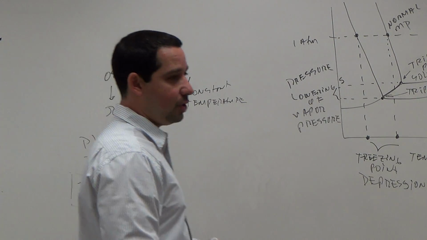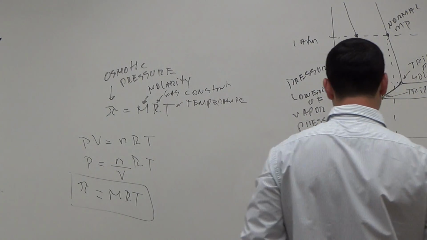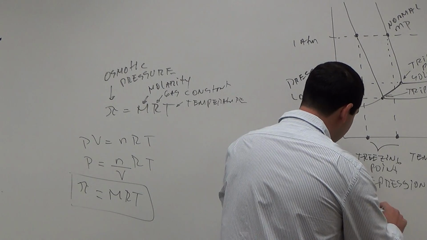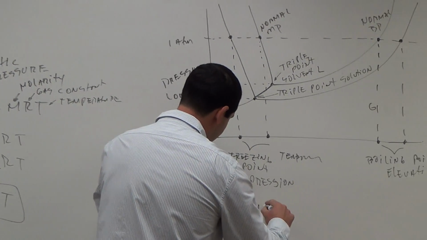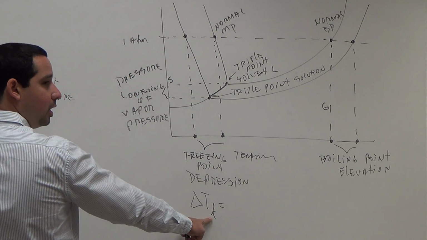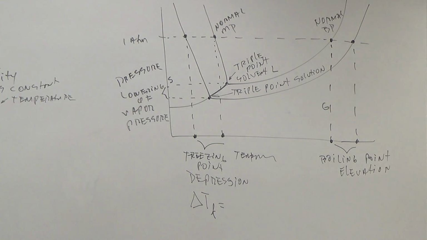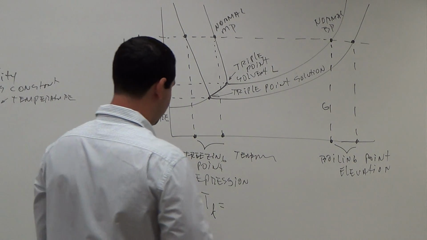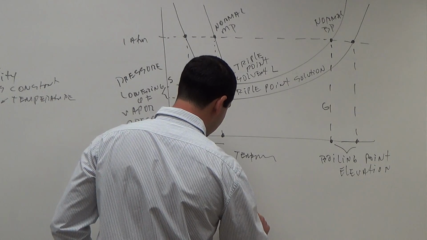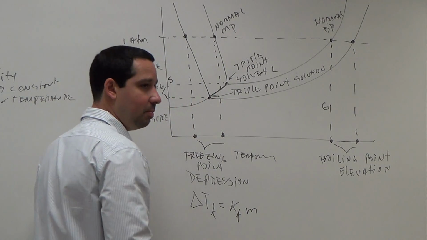Okay, there are equations for this. Let's do the equations. The freezing point depression is equal to delta TF. This an F, okay? Look here. There's no better way of me writing an F. I'm incapable. It's equal to KF times m.